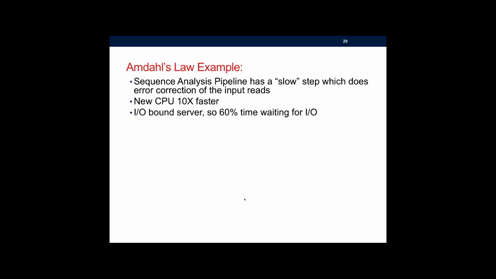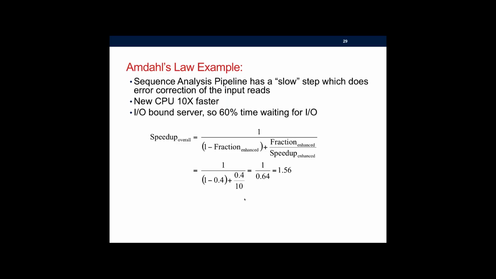You definitely want to use it. But when you look at the application, you realize that it's actually I/O bound, meaning that it's reading and writing files 60% of the time. Only 40% of the time is really doing that computation. So if you just plug the numbers in here, you will see that your speed up will be 1.56.